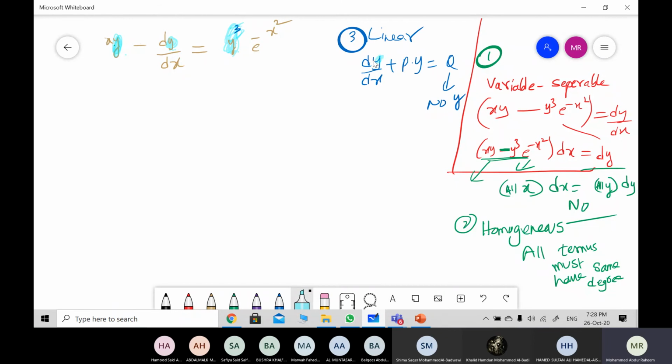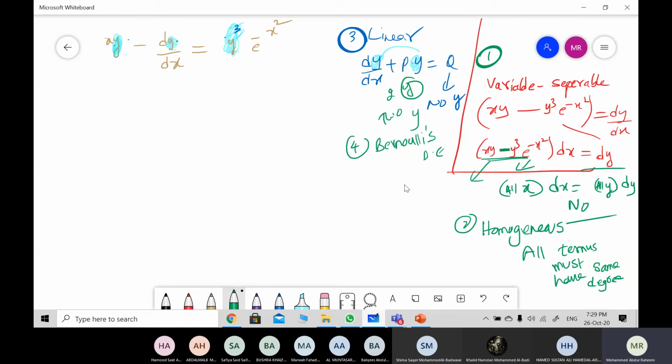But we want only 2 y terms, but here there are 3. So that means Bernoulli. You understand? Like this we have to approach the question.